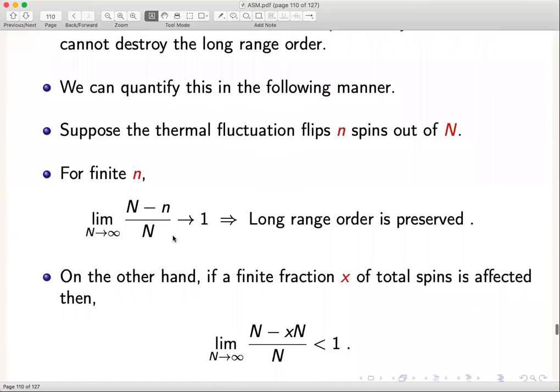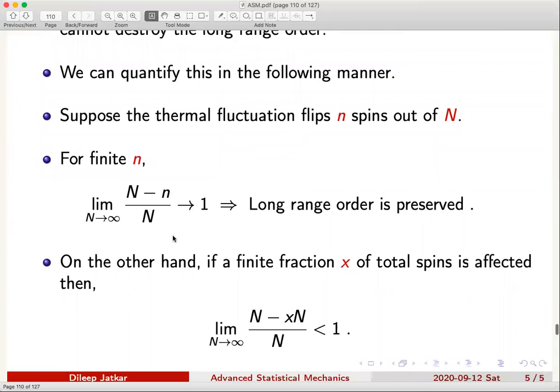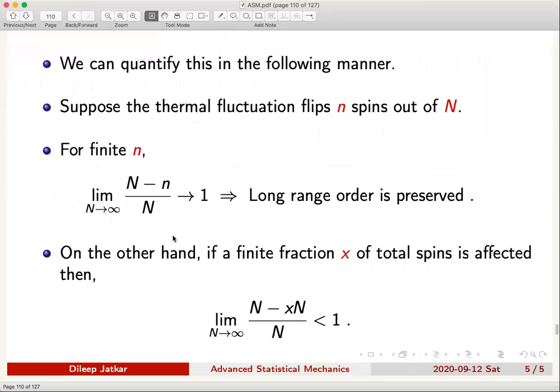Okay, so contrast this with the other situation where a finite fraction of the total spin is affected. Imagine that n is like 10 to the 24, and x times n is like 3 times 10 to the 23. That is like 30% of spins affected, which is a finite fraction.